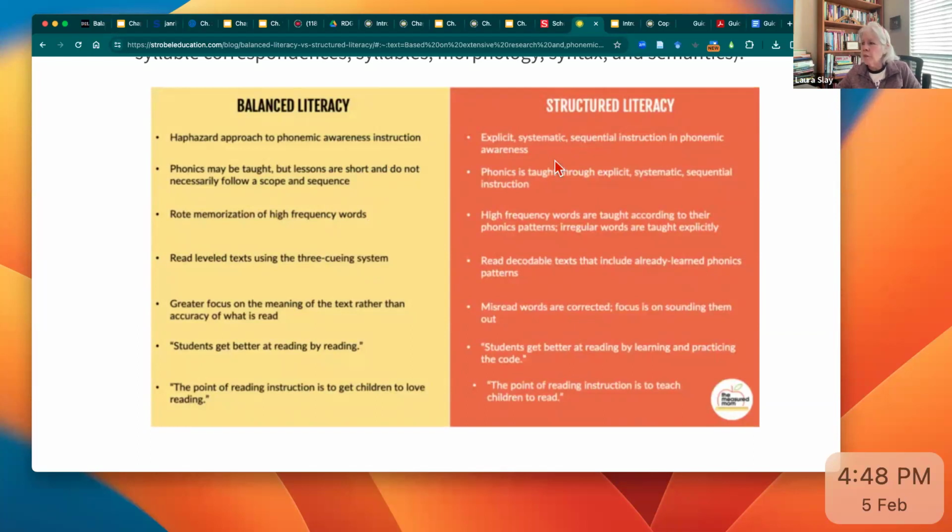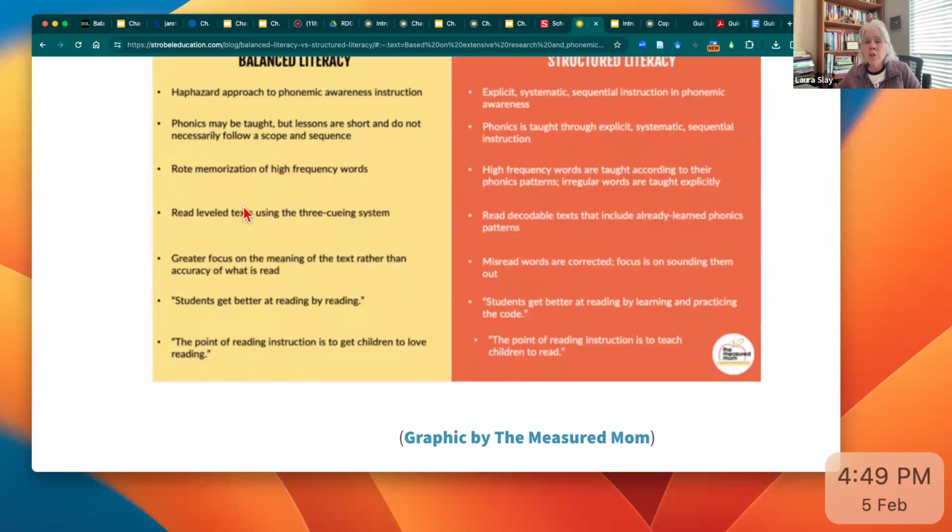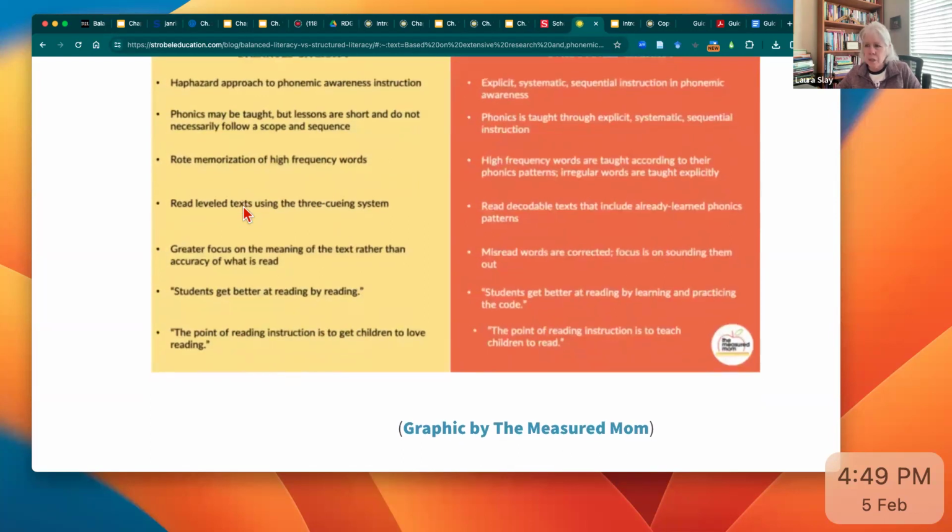So structured literacy here, it says, is explicit, systematic, and sequential in phonemic awareness. It's very sequential, and that's why it's so structured. That haphazard gives a connotation of like you pick and choose whatever you want to teach on whatever day. And I would tell you that a good teacher would argue with that and say, no, I'm not haphazard. I have a scope and sequence, and I have explicit lessons to teach.